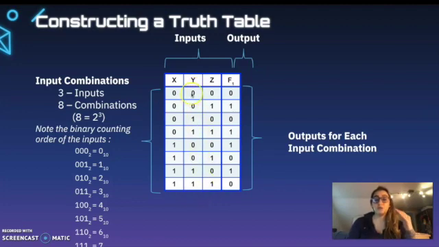That's how we know we need a total of 8 rows, because of the total number of combinations. We then have our output to the right, and this is simply what is happening when we go through the circuit and the logic, which is how we know what F1 is.